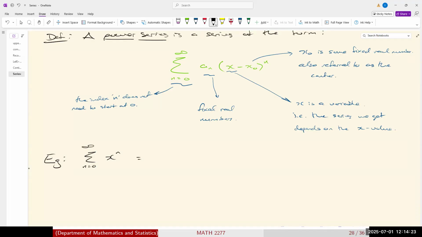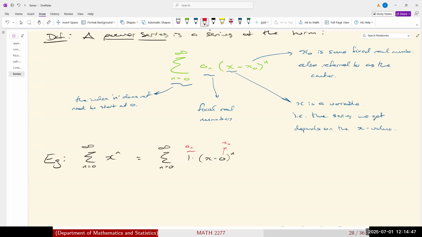What you first need to do is write this in the form of a general power series. So it's a_n, which is 1, times (x minus 0) to the n. This is your a_n term. This is your x0 term.